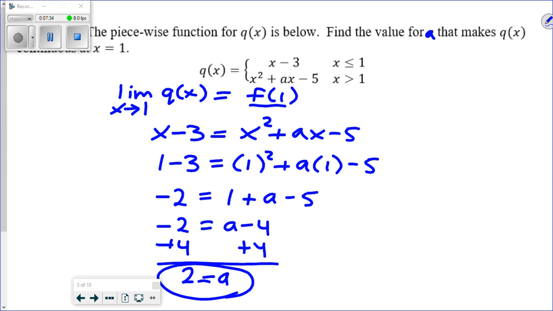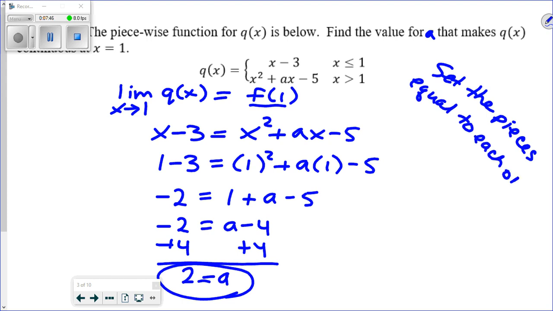Okay, so long story short, you want to set pieces equal to each other and plug in, well, in this case, we plugged in 1 for x. Okay. And then solve for a.